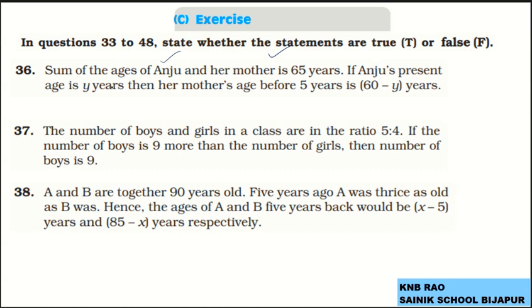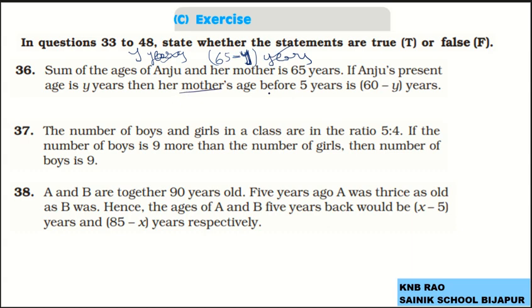If Anju's present age is y years, then mother's age will be 65 minus y years, because their ages sum to 65.